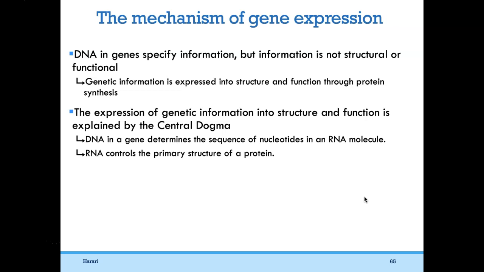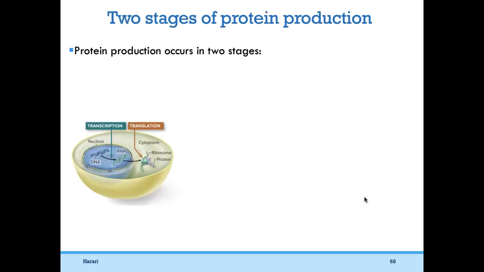They will fold in such a way that will give them a very particular structure. That structure of the protein will determine how it can function. And that's, again, structure determines function. And that's what the central dogma explains.